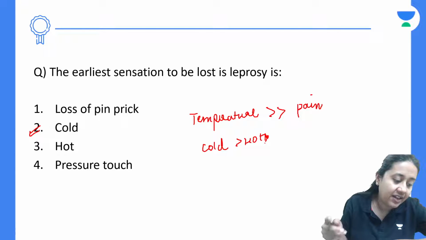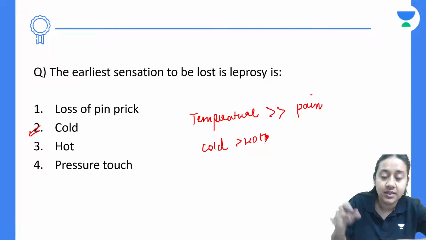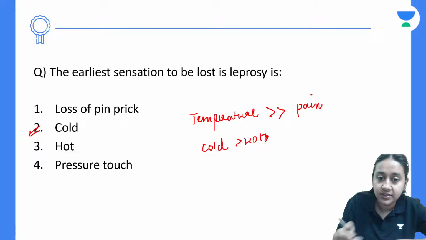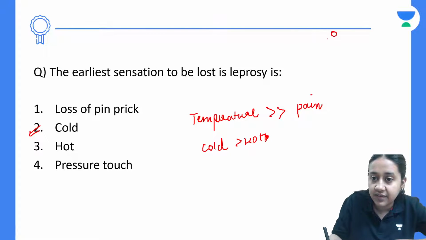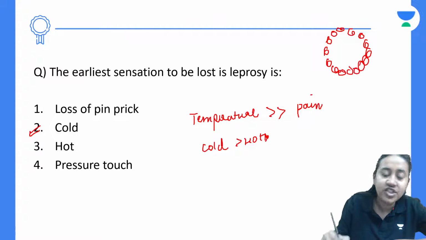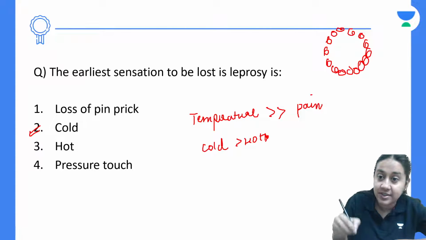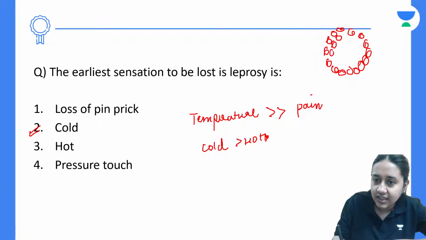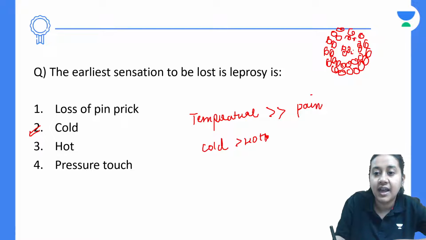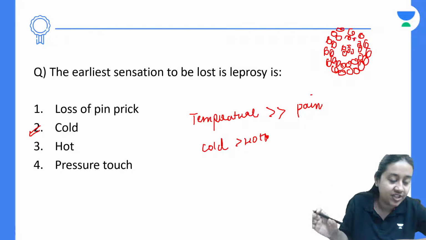Now, what is the reason for this sequence? In the nerves, we have different fibers present parallel to each other. The fibers which carry temperature sensation are present in the peripheral part, followed by pain and the other sensations of touch.